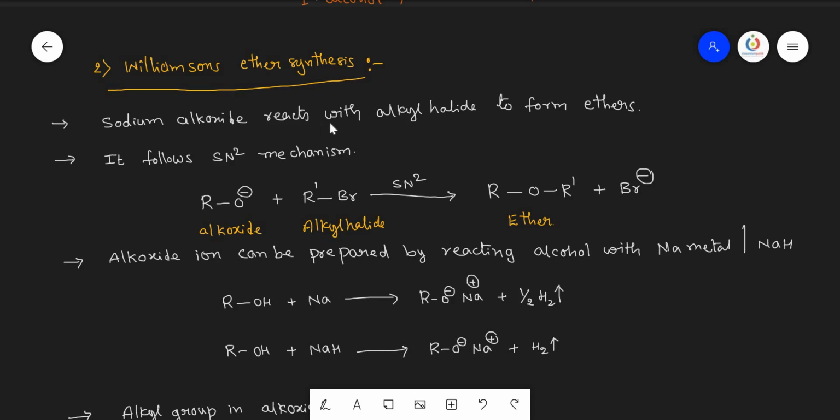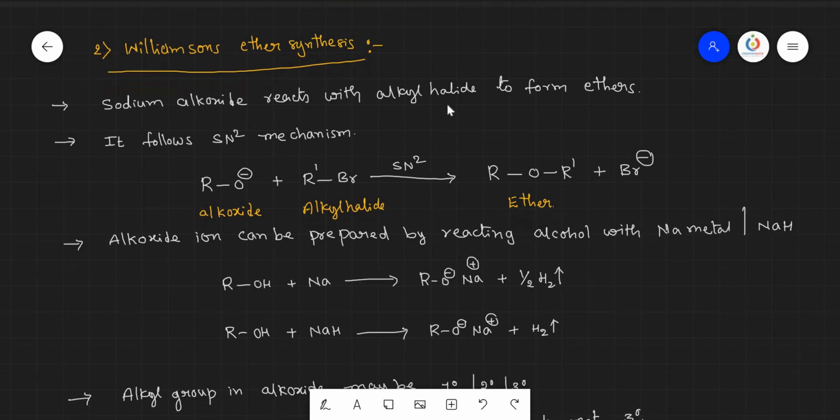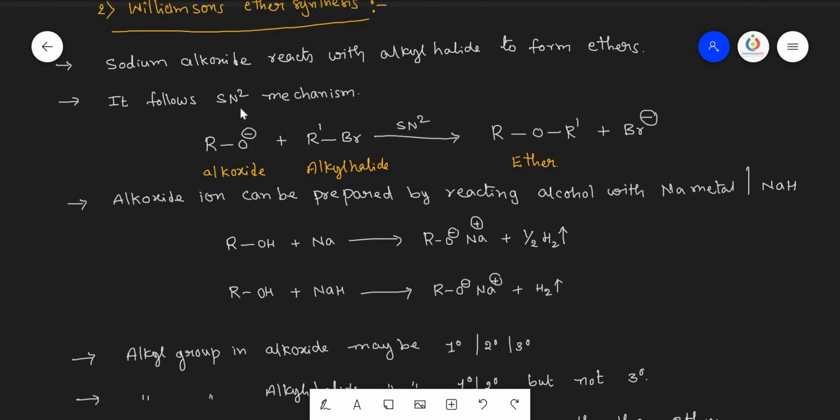These sodium alkoxides react with alkyl halides to form ethers, not aryl halides or vinyl halides. We shall discuss why aryl halides and vinyl halides are not to be considered. And this reaction also follows the SN2 mechanism.